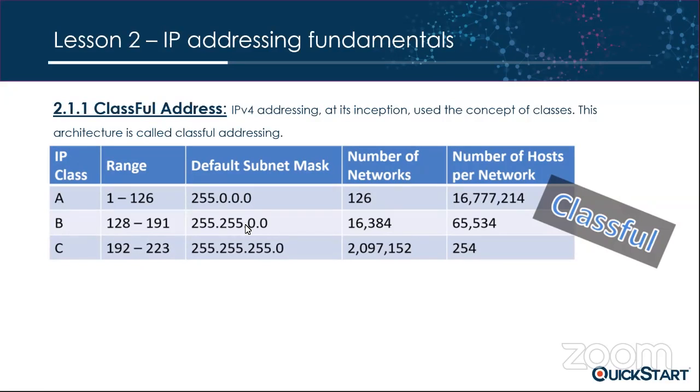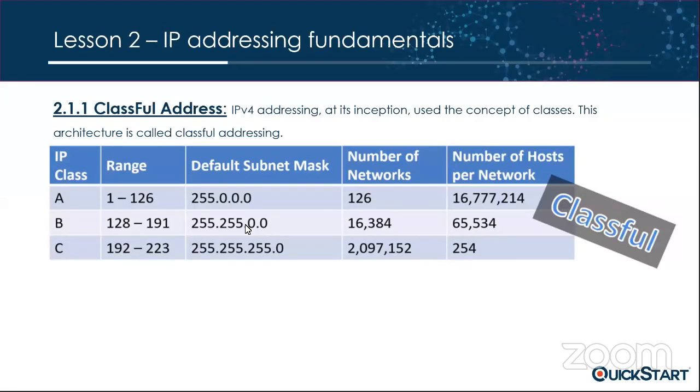Similar goes to C. If we need a number of networks, a variety of networks, then we go with C, and it's going to have 254 hosts per network, right? That is the classful address.